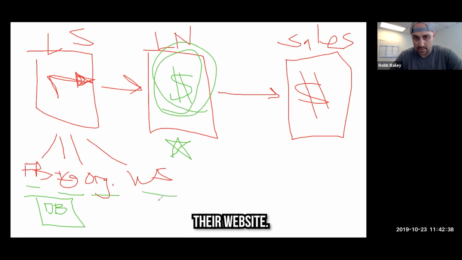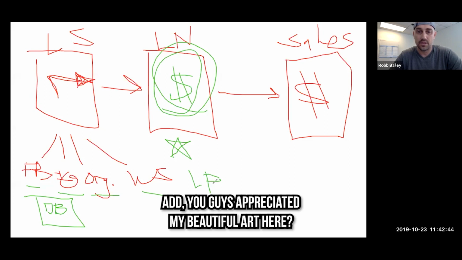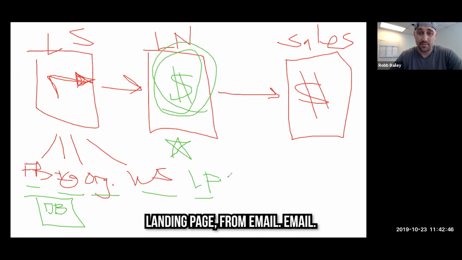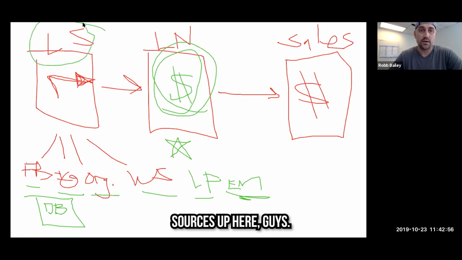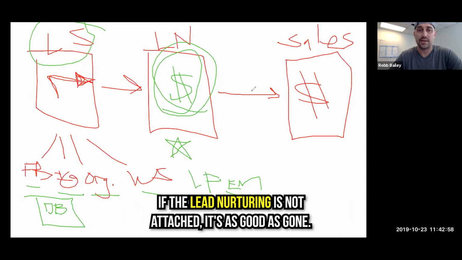Their website, a landing page. Are you guys appreciating my beautiful art here? Landing page, it could be from email. Like any lead source you can think of, if the lead nurturing is not attached, it's as good as gone.